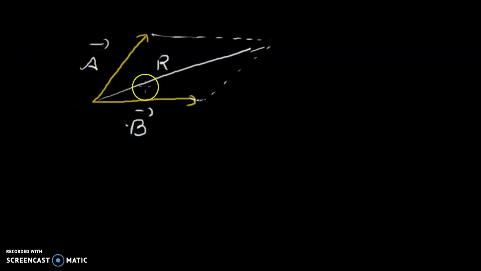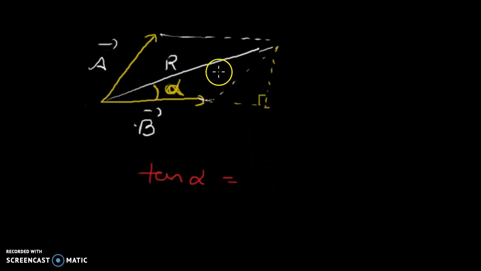So the angle the resultant makes with the vector B is alpha. Theta was the angle between the two vectors, and alpha is the angle which this resultant vector makes with the B vector. Similarly, I can find the angle which R makes with the A vector. It is not rocket science. So I can find that tan alpha would be equivalent to, this was A, this would be A cos theta, as theta was the angle between the two vectors, and this would be A sin theta.